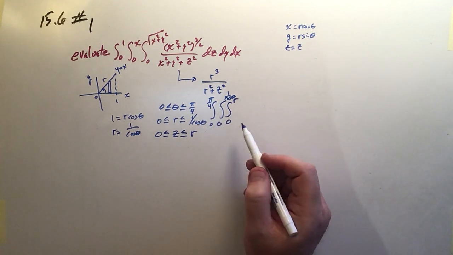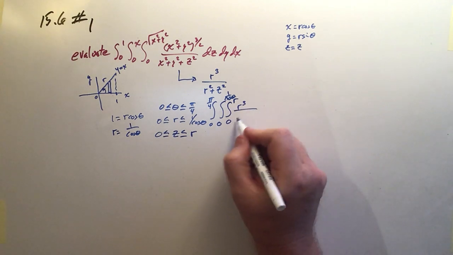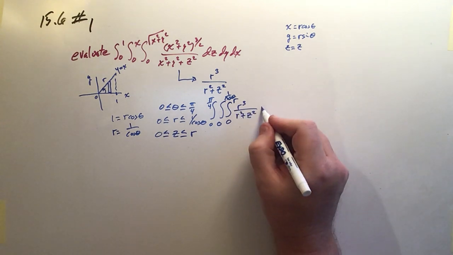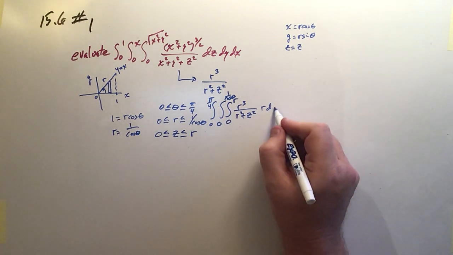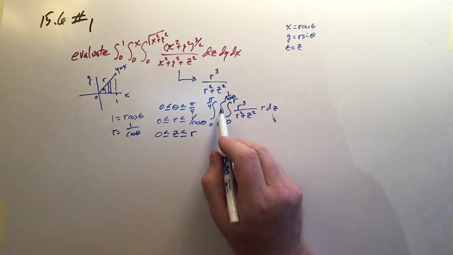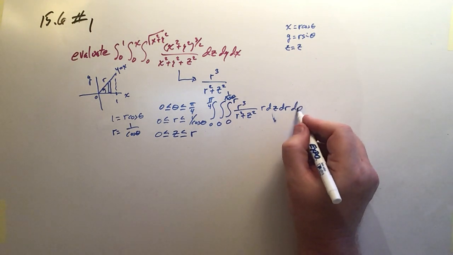Okay, so now I have the integral all set up. There's the argument for it, r cubed over r squared plus z squared, and then that's r, and then the order: this first one is dz, the next one out is dr, and then the last one is d theta.